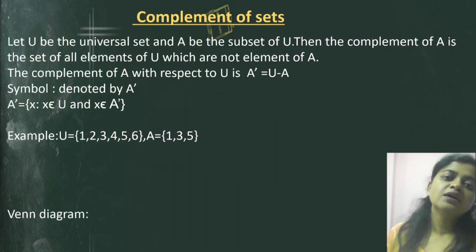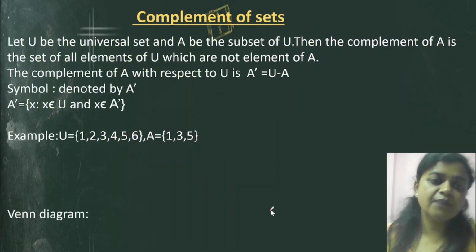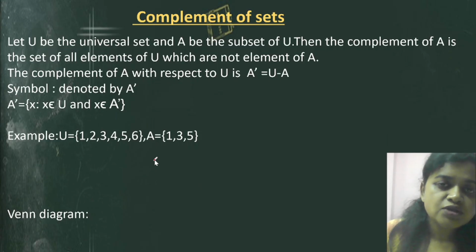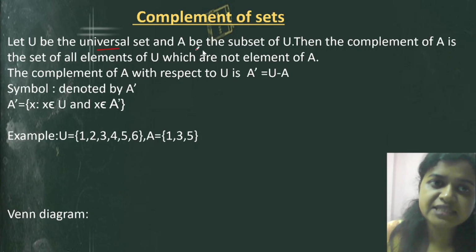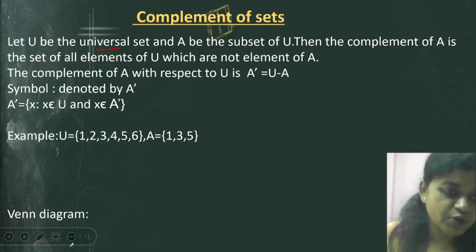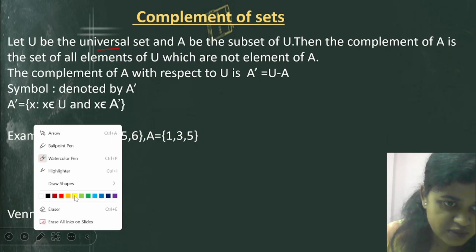Okay, so let us understand by taking some examples of a set. The definition is given here. Let U be a universal set and A be a subset of U. Let us change the color because I think this is not visible on this screen.